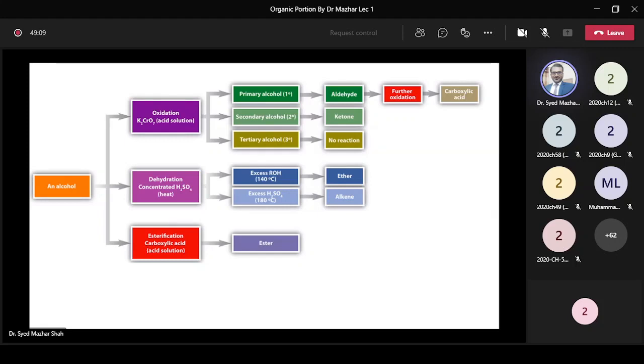So whenever we have an alcohol and someone asks you about this molecule, they didn't tell you that this is an alcohol or a carboxylic acid or another functional group, and they give you the reactants like butanol and potassium dichromate, K2Cr2O7, and they ask you to predict what type of products they can form.